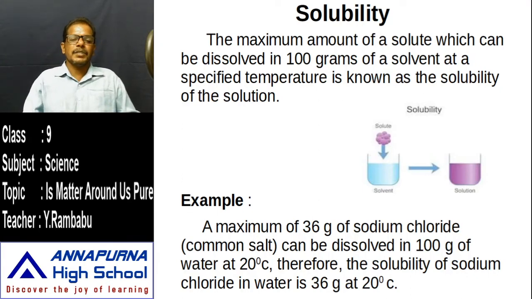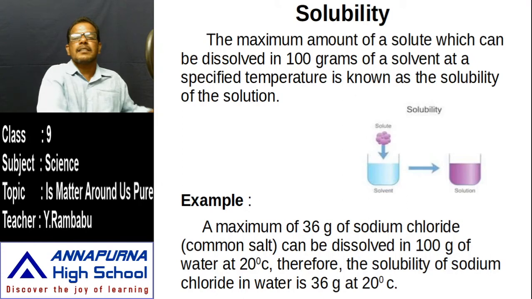That means it is a heterogeneous mixture, we can say clearly. In that case the solubility of sodium chloride in kerosene is 0. Why? Even a small quantity is added, it is not dissolved. Like that, how much maximum amount of solute dissolves in 100 grams of solvent, that is its solubility.